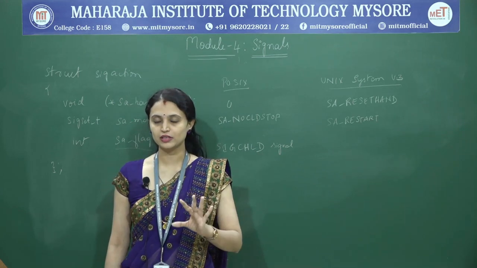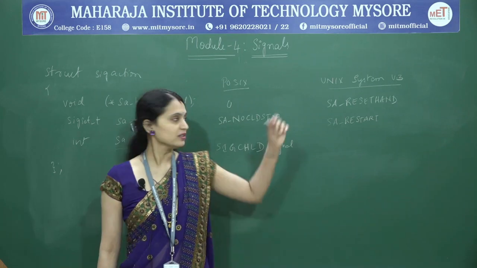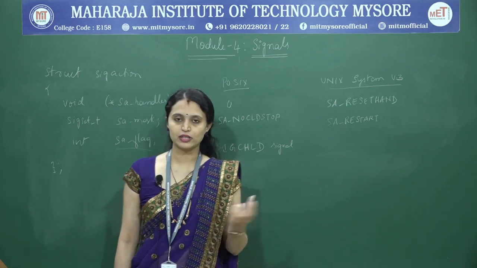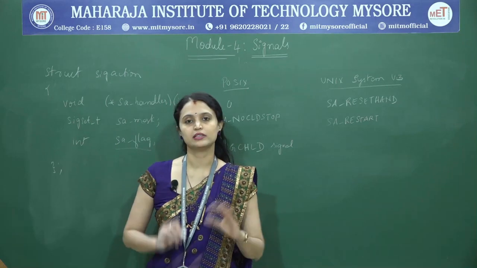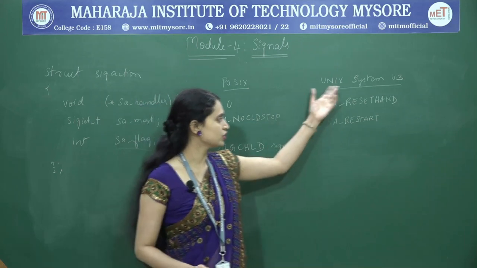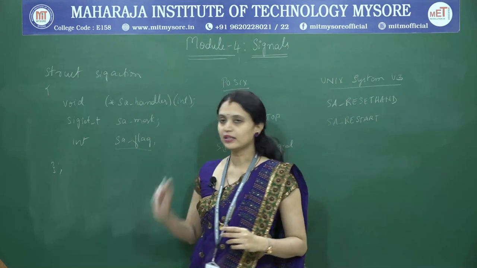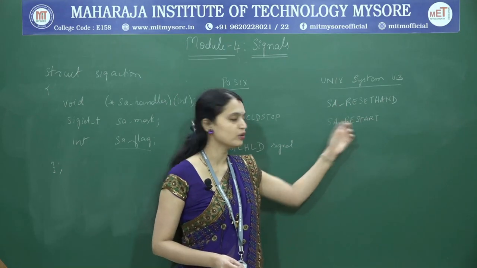Okay. But not with the stopping action of the child process. But here if the value is 0, in that case the parent process will get this signal even if the child process is stopped or terminated. Okay. So similarly, the Unix system version 3 supports 3 flag values for this SA flag. One is SA underscore RESETHAND and another one is SA underscore RESTART.